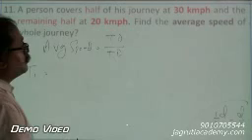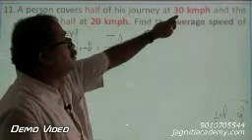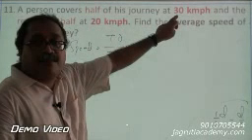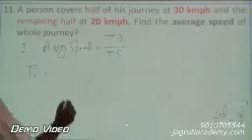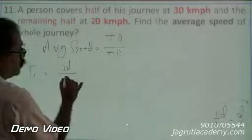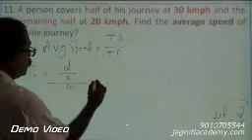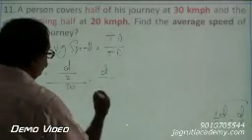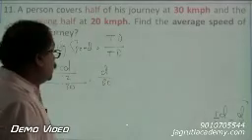Time 1 is d by 2, that is half of the distance with a speed of 30 km per hour. Distance by speed is equal to time. That means d by 2 by 30, which is equal to d by 60. This is time 1.